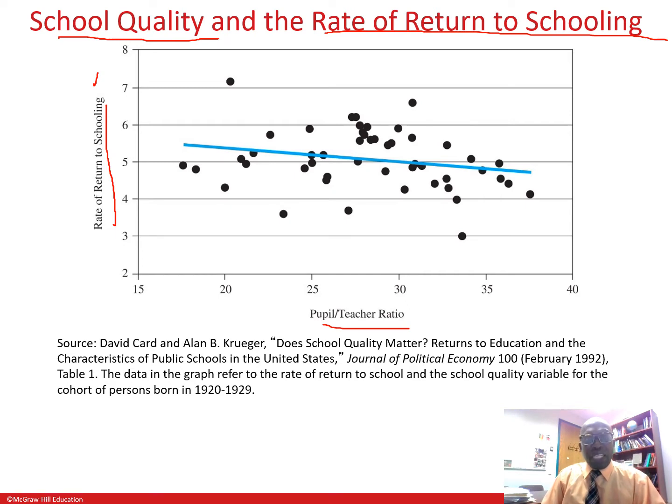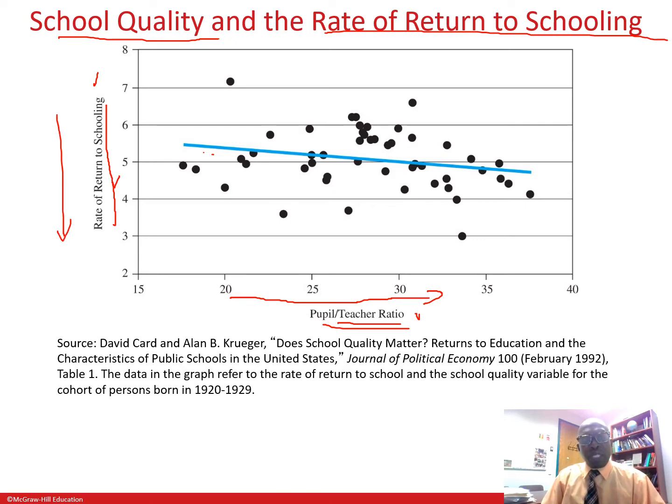We can see the linear regression here between the rate of return and the pupil-teacher ratio, the class size. As the ratio of students to teacher increases, in other words, as the class size increases, the rate of return decreases.